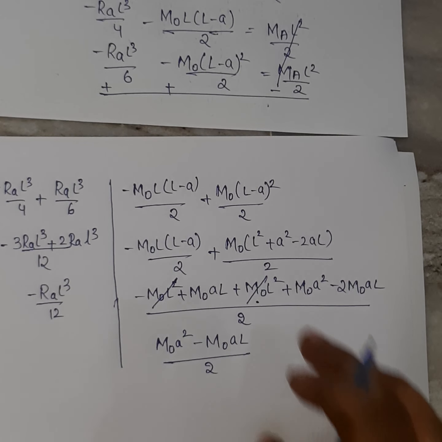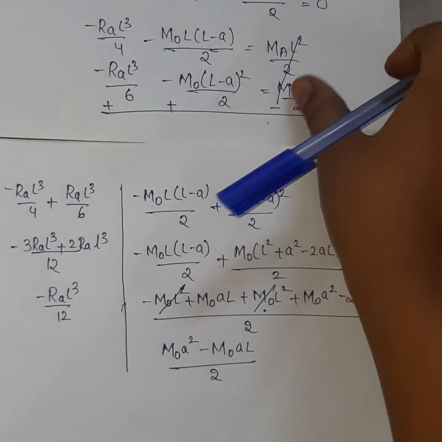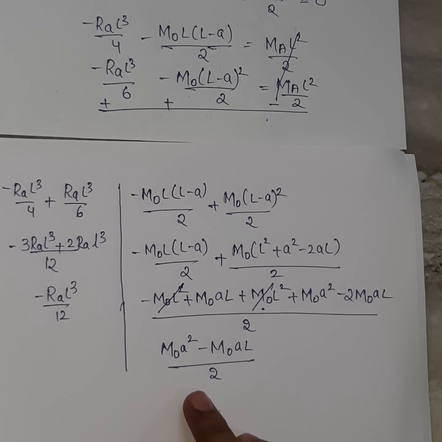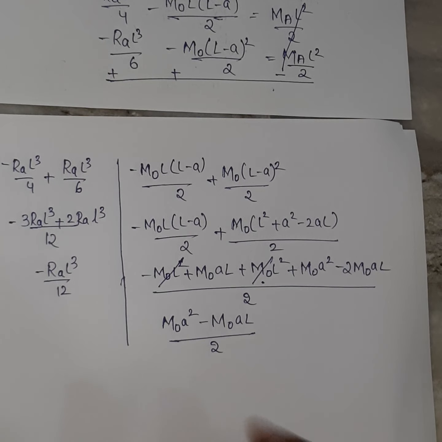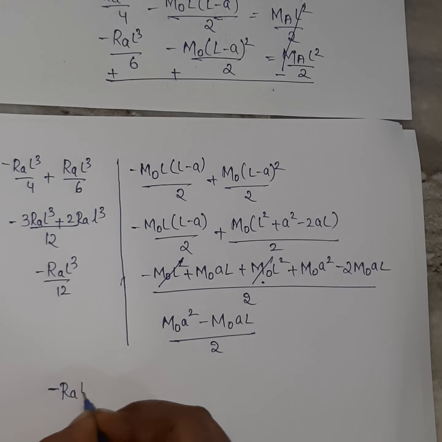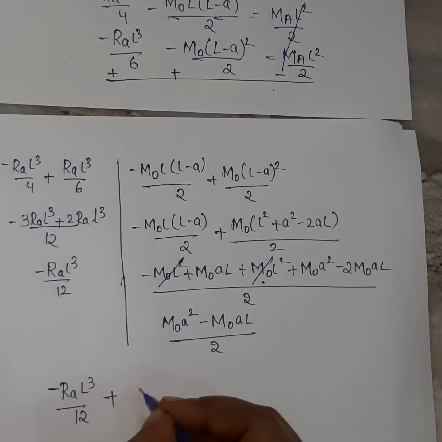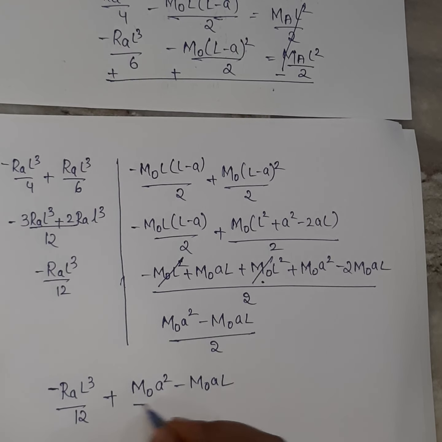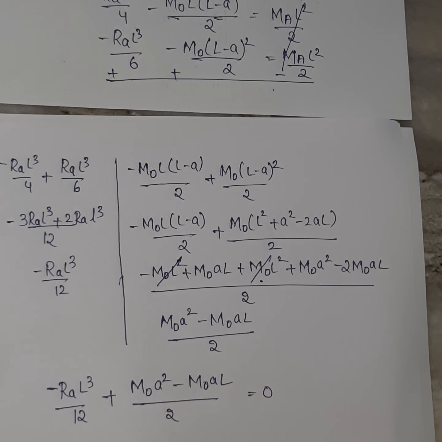On solving these two equations, you will get this value. Plus or minus? I am writing plus only. So I am writing minus RA L cube by 12 plus m naught A square minus m naught AL by 2 is equal to 0.